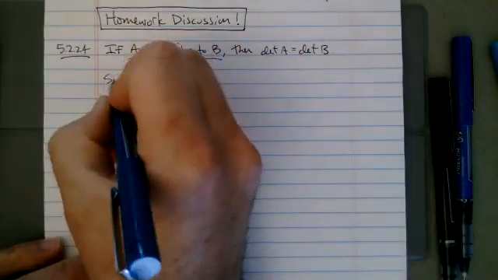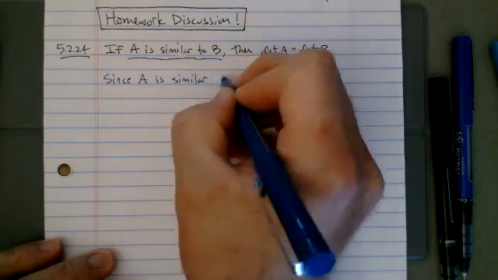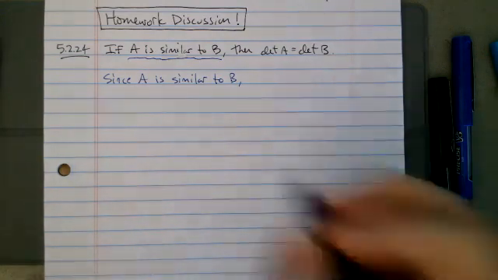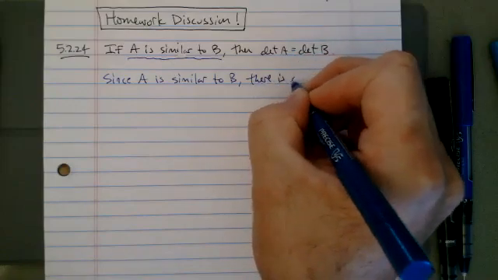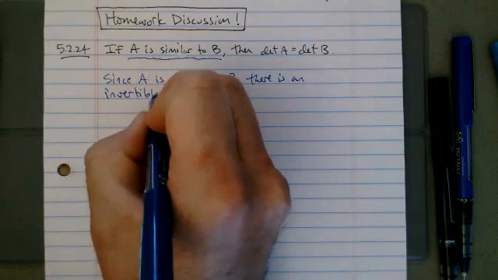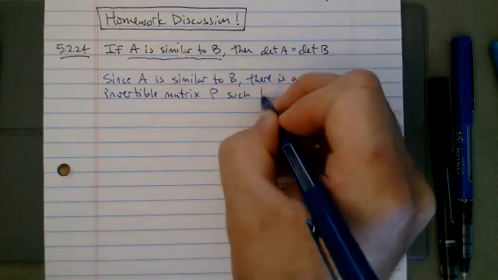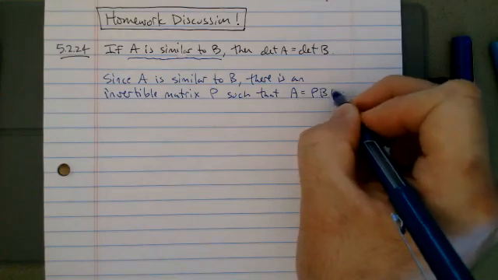So we can say, since A is similar to B, what that means is that there's an invertible matrix P such that A is equal to P times B times P inverse.